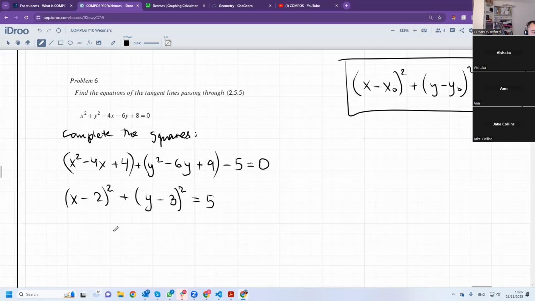So I have a circle, center (2, 3), radius square root of 5. Honestly, I didn't expect the radius to be square root of 5, but okay.